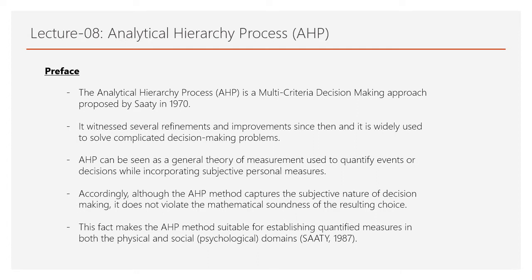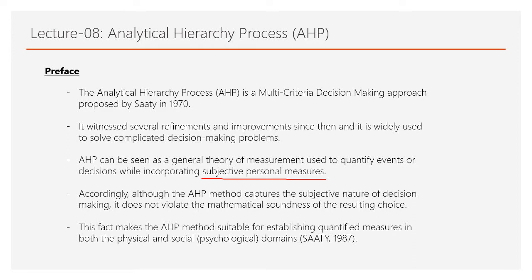So its importance is that it can bridge the subjective perspective of decision making to the objective needs. So in this regard, we're transforming subjective judgments into a more mathematical framework and more sound results.